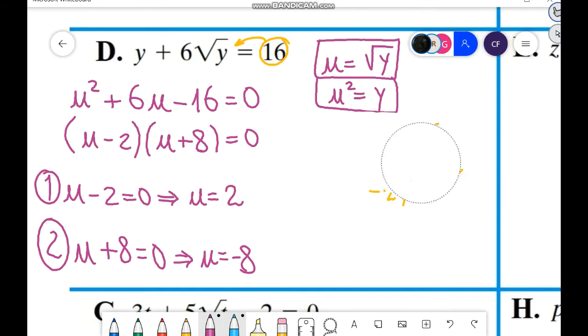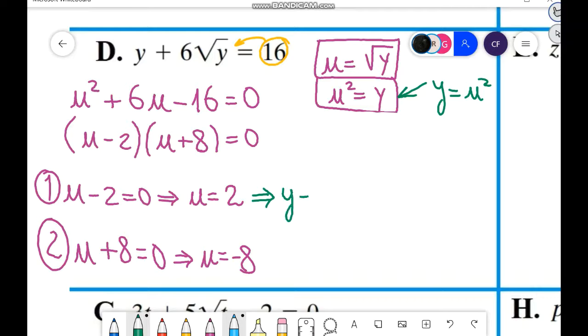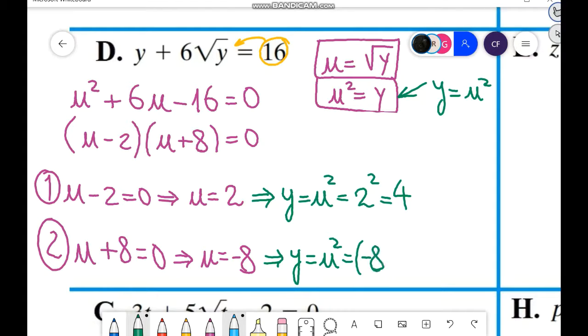Now, look, u squared equals y. That means y equals u squared. Nice? Y equals u squared, so 2 squared, y equals 4. Or y equals u squared, negative 8 squared, which is 64.